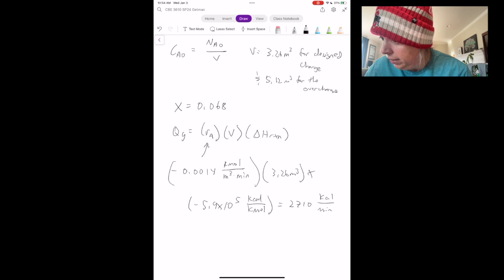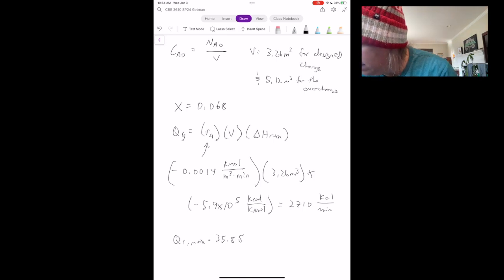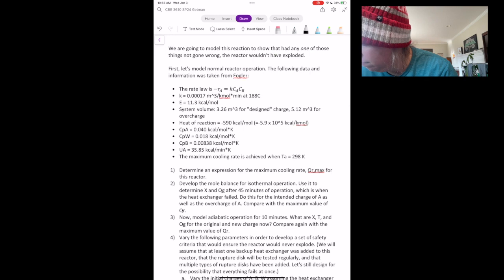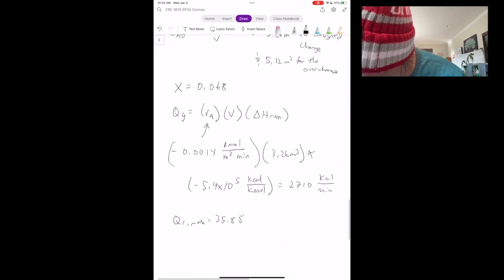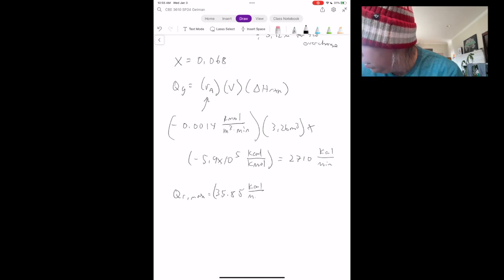Okay, so then what would QR max be? QR max is equal to UA, which is 35.85, and I would have to go back and grab the units on that, kilocalorie per minute per Kelvin, times the temperature.